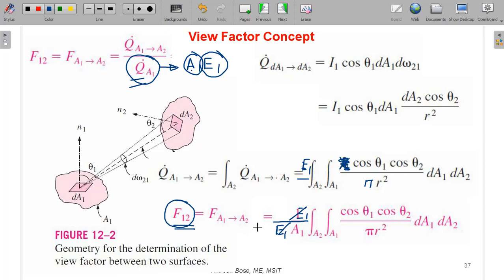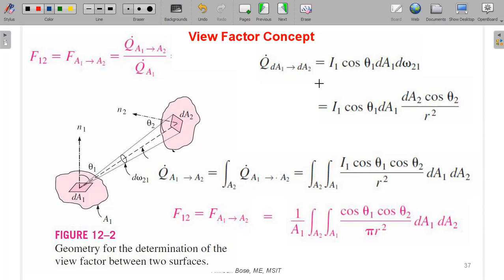Now exactly in a similar way you can see the integration having a similarity with F12. So you can see what F21 is. You can easily say F21, in exactly a similar way, will be 1 by A2 times the same integration; the remaining thing within the integration will remain the same. It is not going to change because it is so symmetric with respect to 1 and 2.